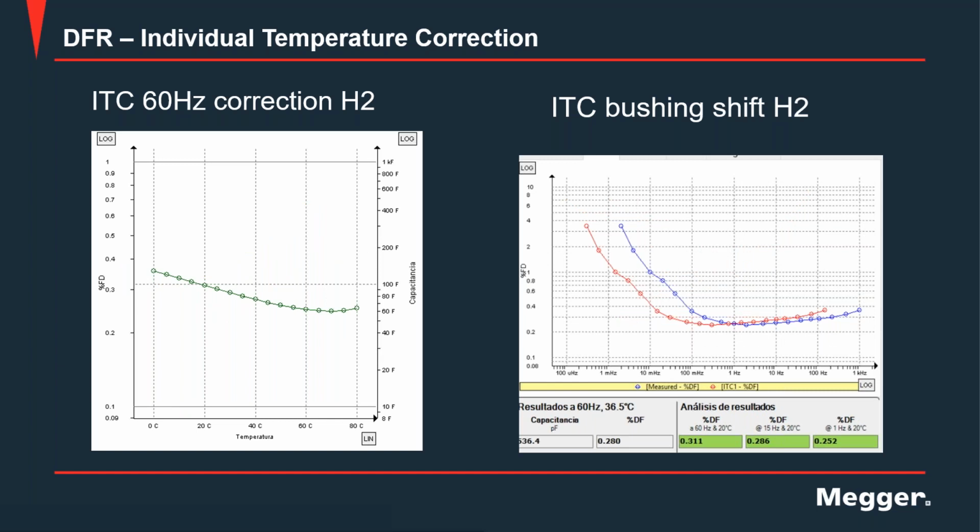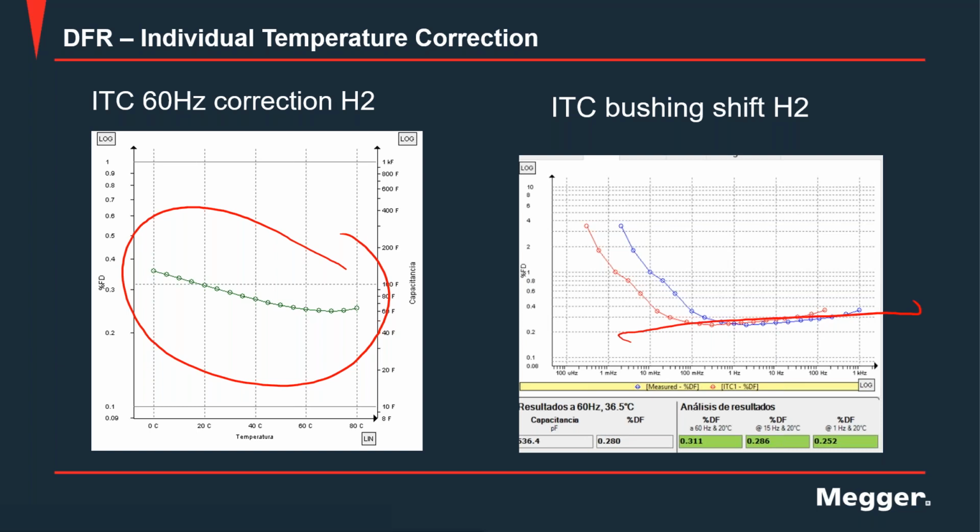And that is very important. Now you see, for example, on the good bushing, H2, completely different thermal response, of course, because the condition, the dielectric response is completely different. Therefore, the thermal response will be completely different. And you can see now that especially on the 60 Hertz line, the response is very flat.